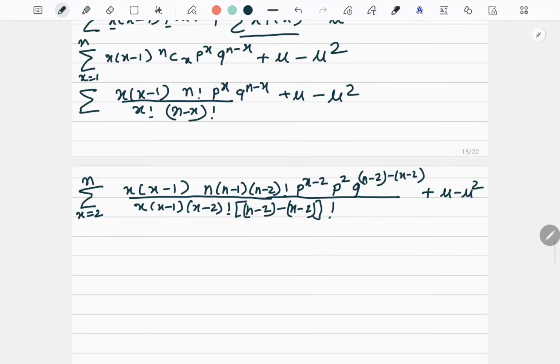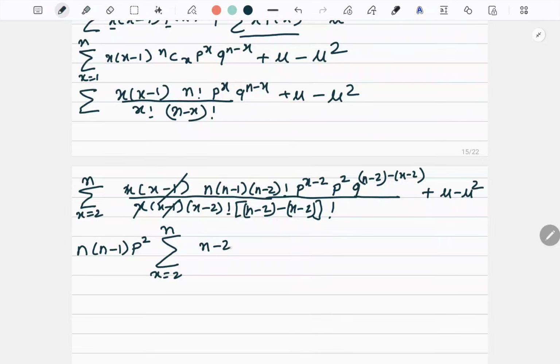Now, this x is gone. x minus 1 is gone. Now, the terms independent of x are n, n minus 1, p square. So they will come out. Summation x is equal to 2 to n.